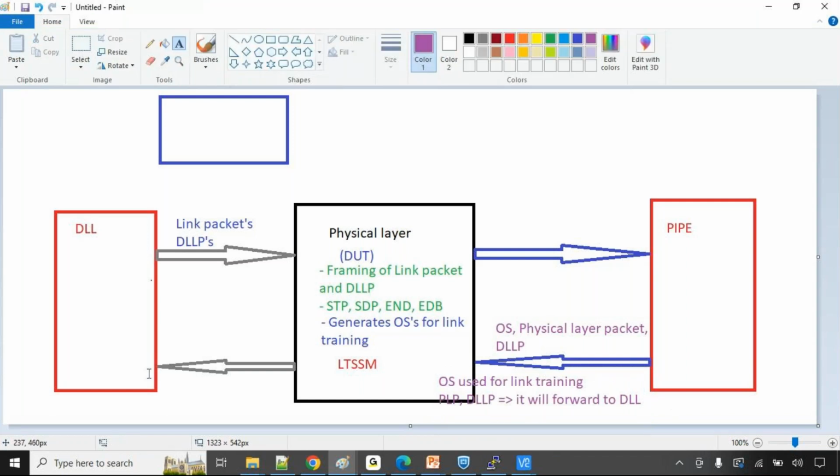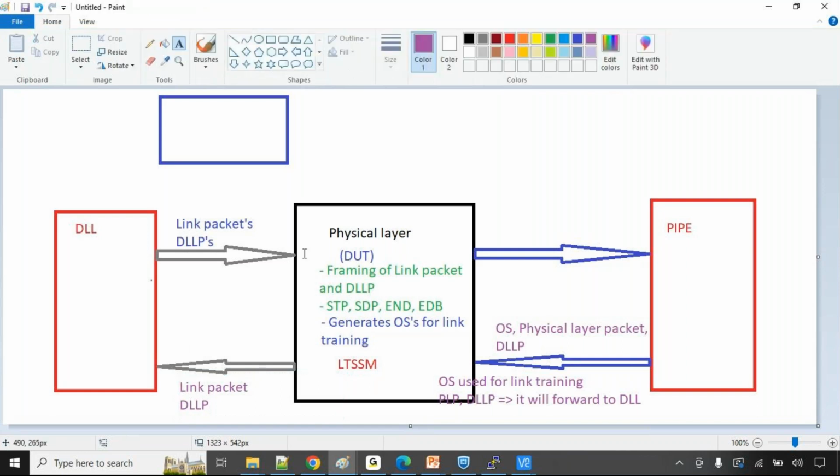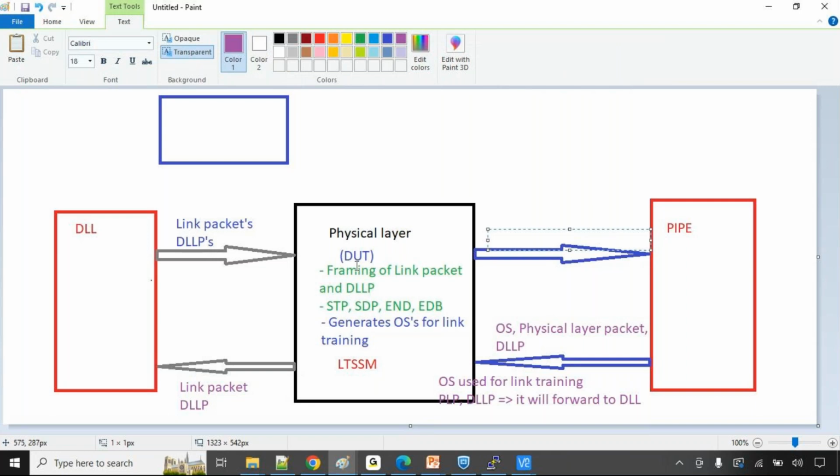Here, it will be sending the same packets again, the link packet and DLLP. Whatever packets come here are transmitted here. The link packet is converted to a physical layer packet. So PLPs, DLLPs and ordered sets are transmitted here.